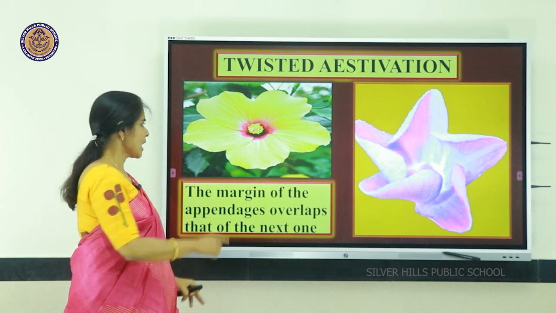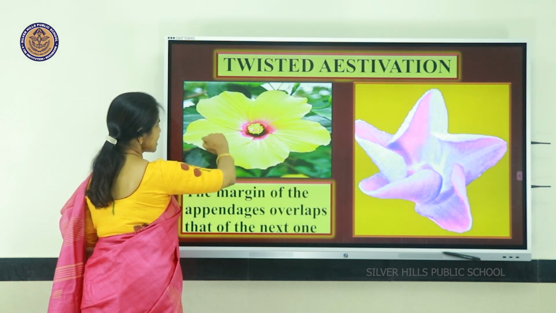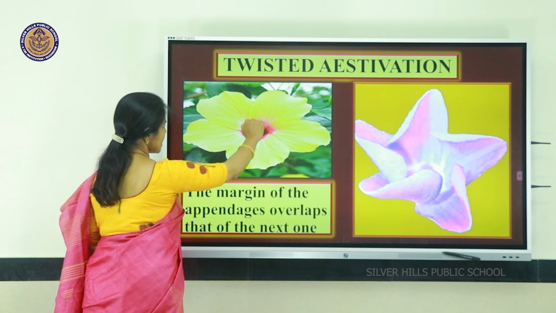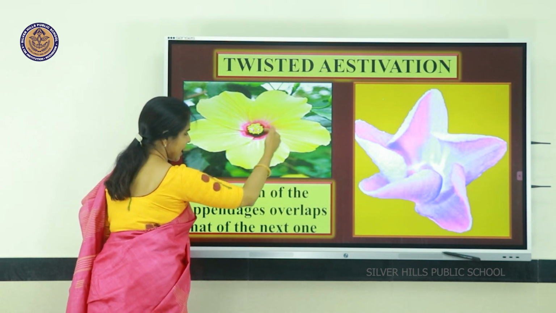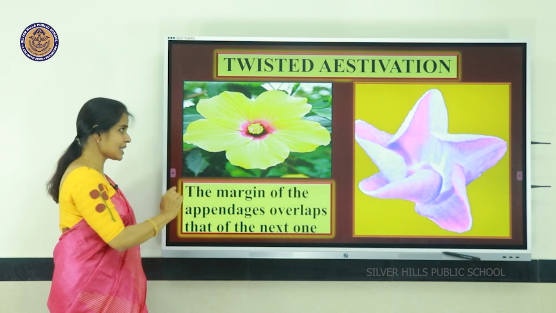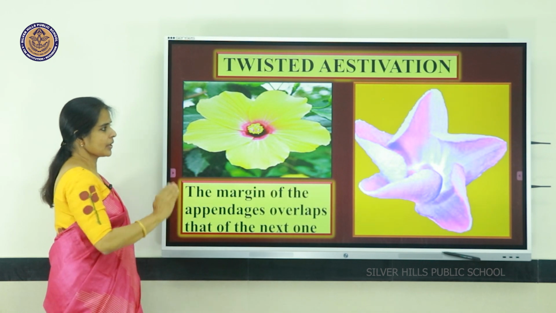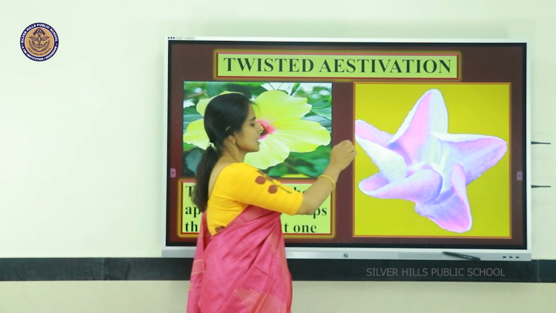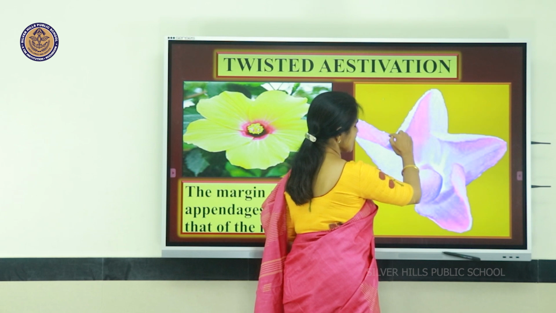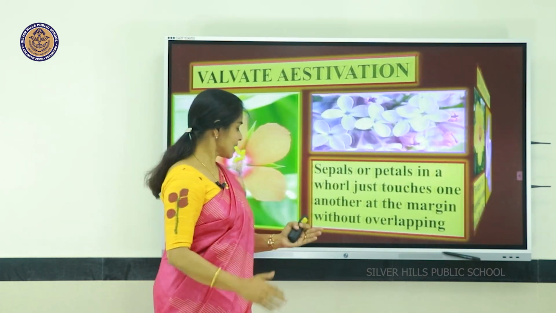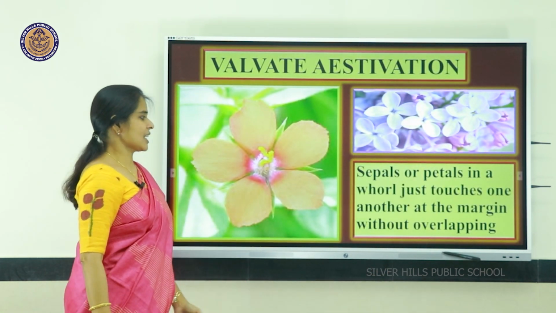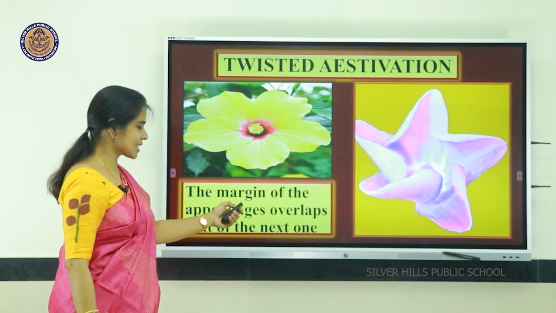That way, if one side of the petal is overlapping on the other, then it is known as twisted aestivation. In twisted aestivation, one side of the petal is overlapping on the next petal. So, that arrangement we call twisted aestivation.